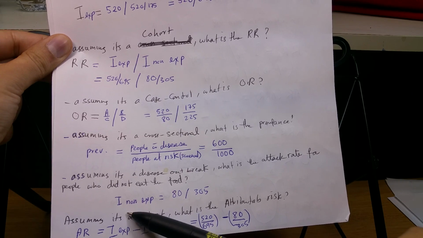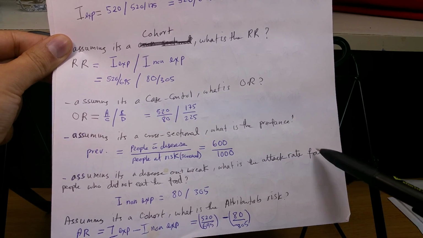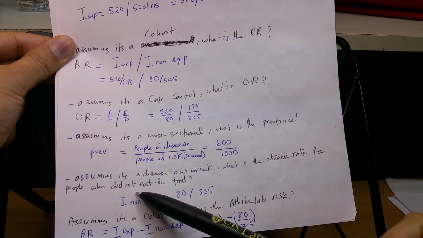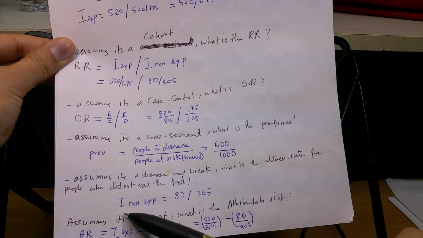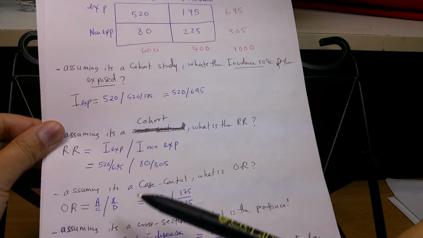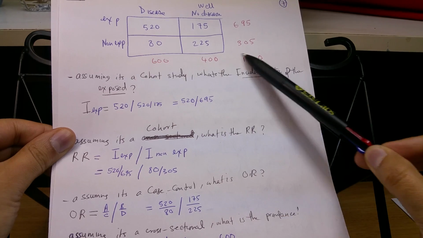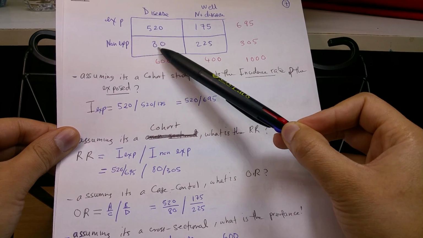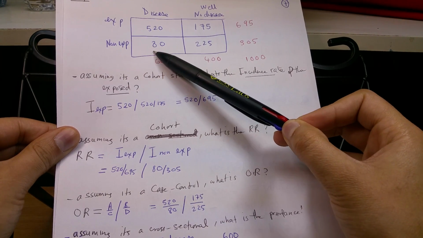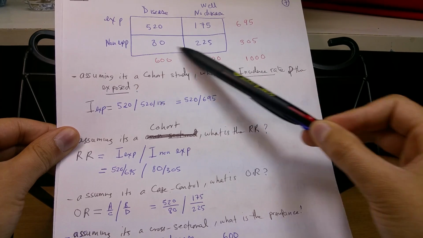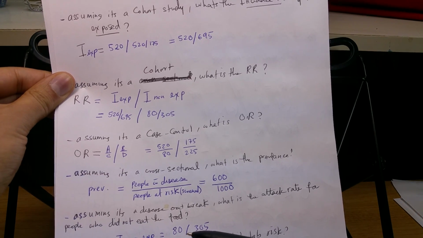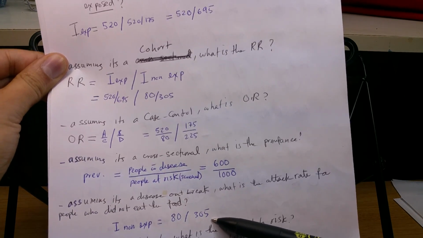So incidence, but they're asking for people who did not eat the food. So incidence in non-exposed group. As we said, the incidence in non-exposed, we go horizontally, the people with the disease divided by all people at risk. So 80 divided by 305.